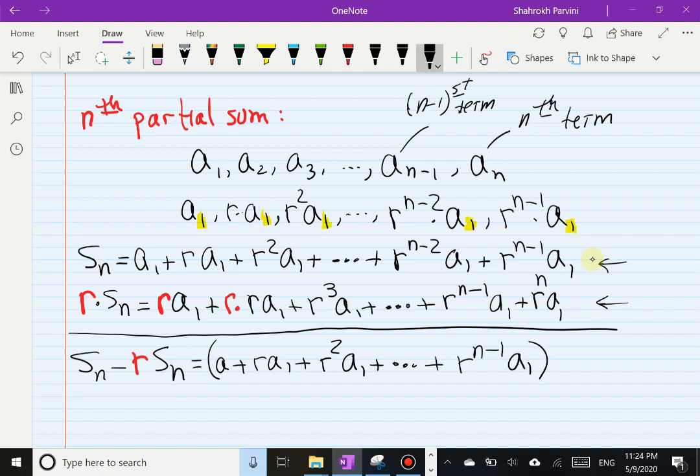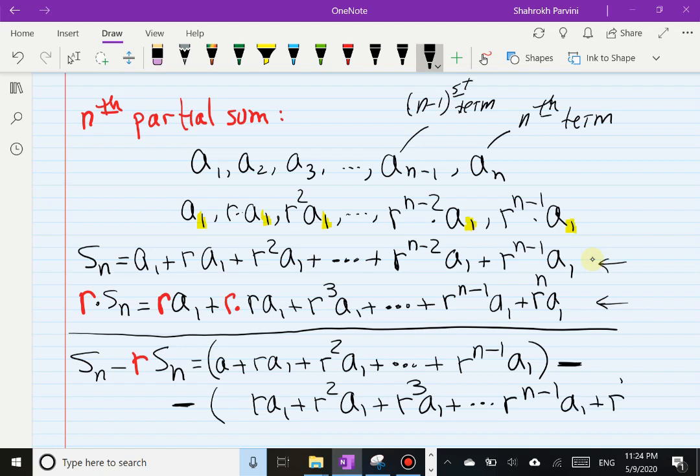That's the first one. And then we're going to subtract the second expression, which I'm going to line up: r a1 plus r squared a1 plus r cubed a1 plus dot dot dot plus r to the n minus 1 a1 plus r to the n a1. So again, I copied that second expression, all of the right side, right in here.